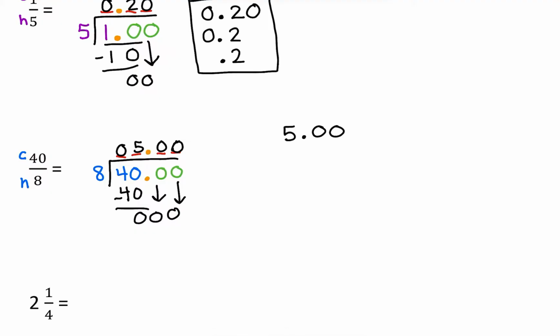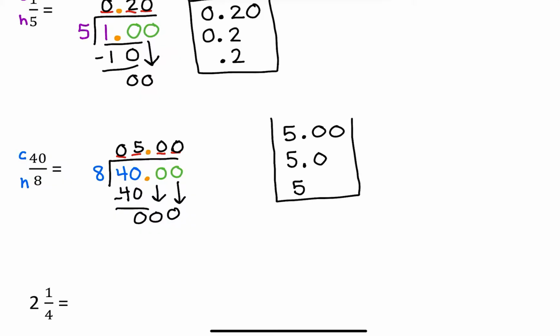So my answer would just be 5.00. But I could technically also write it like this. Or I could just write it as 5 wholes because we would have that invisible decimal back there. So these are all acceptable answers that you could, again, see as an answer choice or type in for a test and they would be okay.